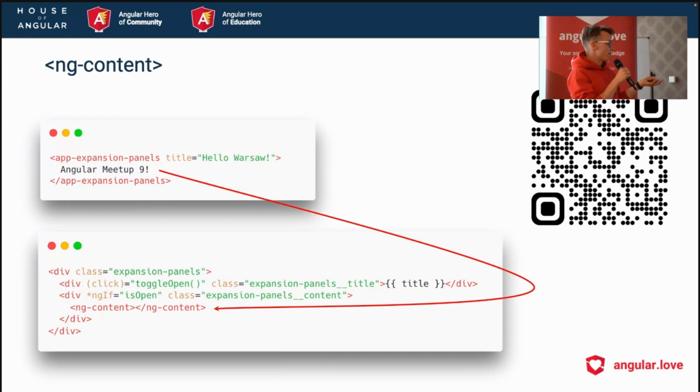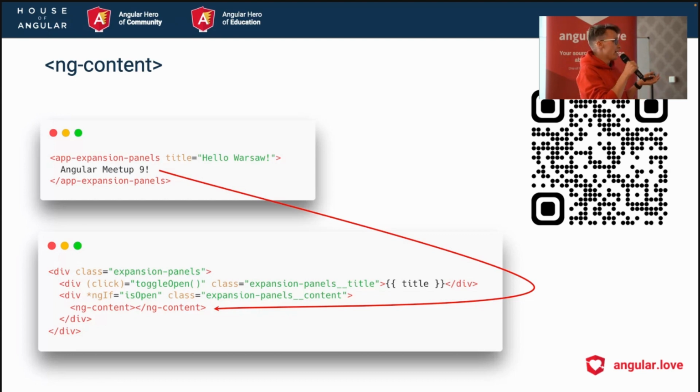In every place in our component, in this example the expansion panel component, we can get access to this data, to this text, just by adding ng-content inside our component template. So the data, in this example the text Angular Meetup 9, is projected into our component. So we can just use it in any place that we want.